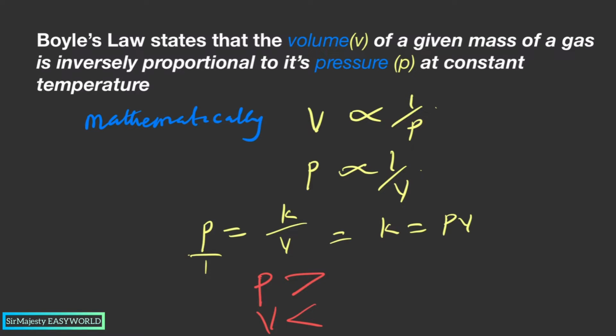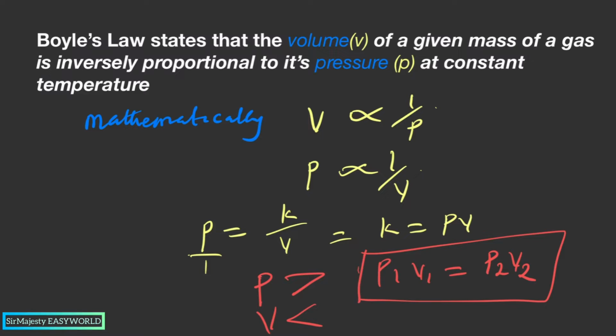And if PV is always a constant, this also implies that P1 V1 is equal to P2 V2, and this is the law we will be using in the calculation highlighted here. P1 V1 is equal to P2 V2, and P2 V2 is also equal to P3 V3. So this is the wordings of the law according to our lesson plan.